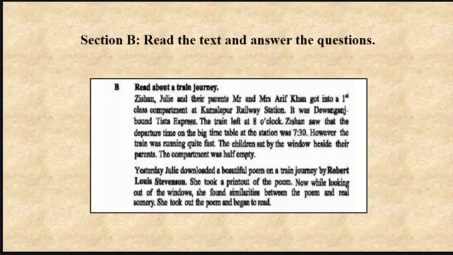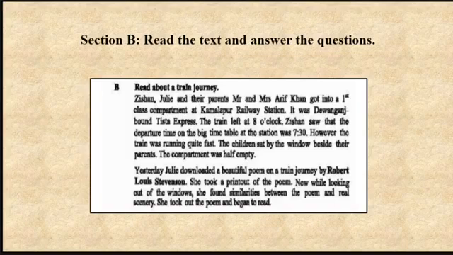Yesterday, Julie downloaded a beautiful poem on a train journey by Robert Louis Stevenson. She took a printout of the poem. Now, while looking out of the windows, she found similarities between the poem and a real scenery. She took out the poem and began to read.